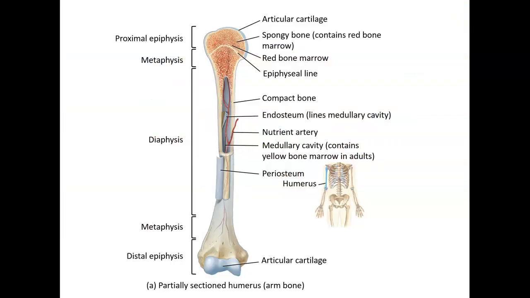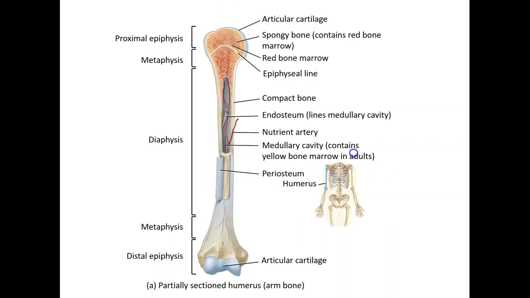So looking here, this is going to be the average picture of what we refer to as a long bone. This one here is the humerus, or the arm bone, the upper arm bone. It's going to be made up of several different parts, and you'll need to know these different parts. The ends are going to be referred to as the epiphysis. Sorry, I didn't turn on my drawing.